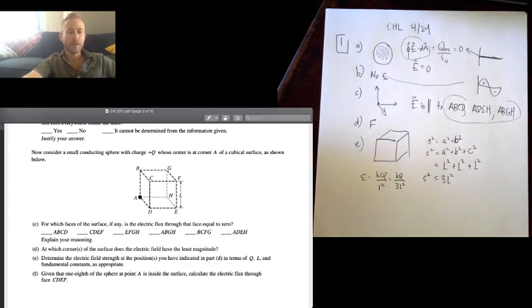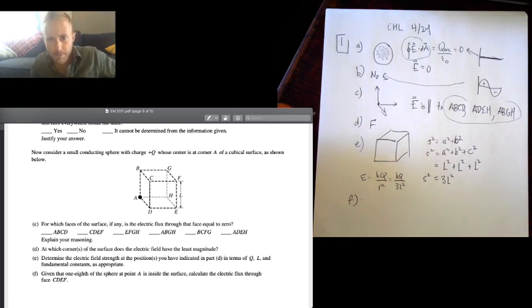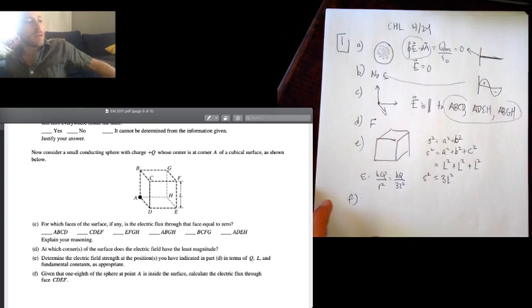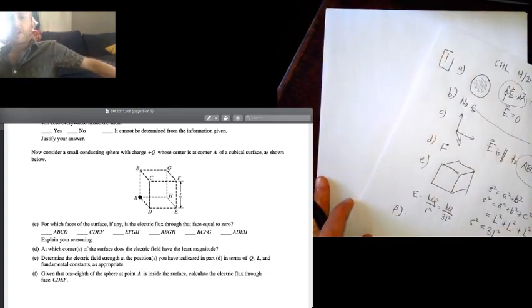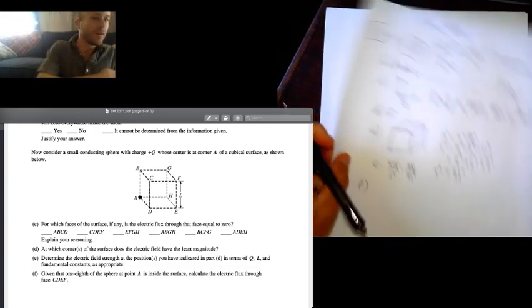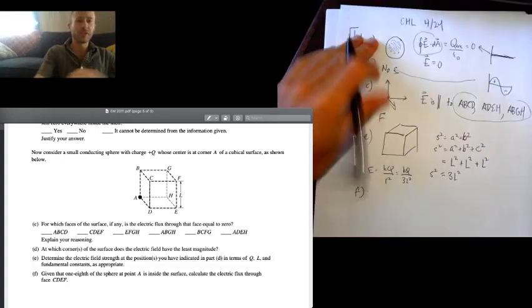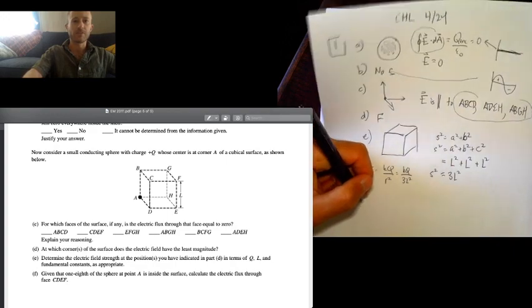All right. Part F, given that 1/8 of the sphere at point A is inside the surface, calculate the electric flux through the face CDEF. So basically, we saw that 3 of the faces of the cube get no flux.